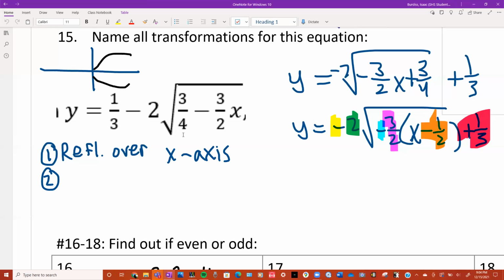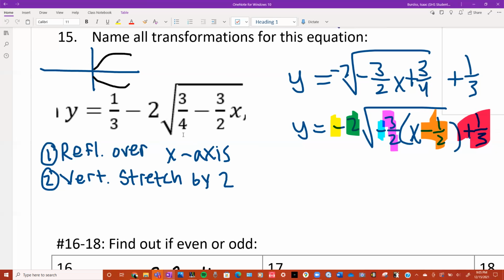Second thing, that is a vertical meaning y. That's how we know it's vertical, because this 2 is outside of the radical. Vert, I'll just say vert, stretch. How do we know it's a stretch? Because it is greater than 1 and by 2.